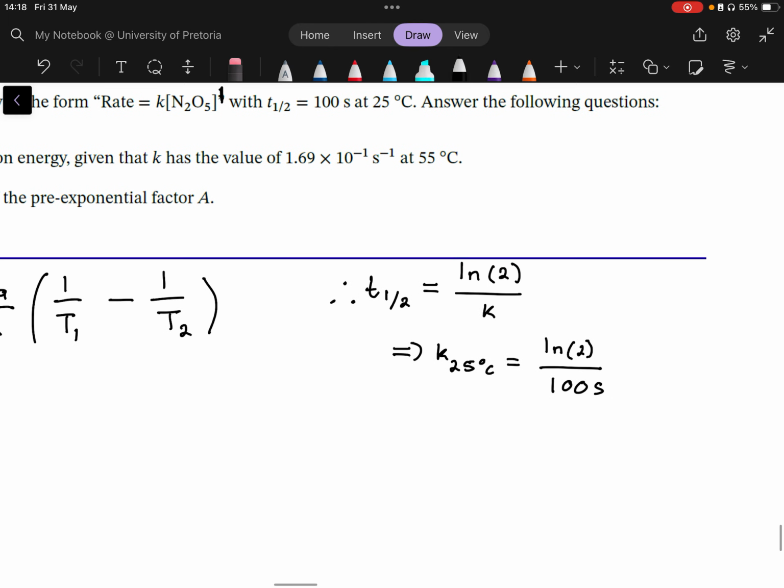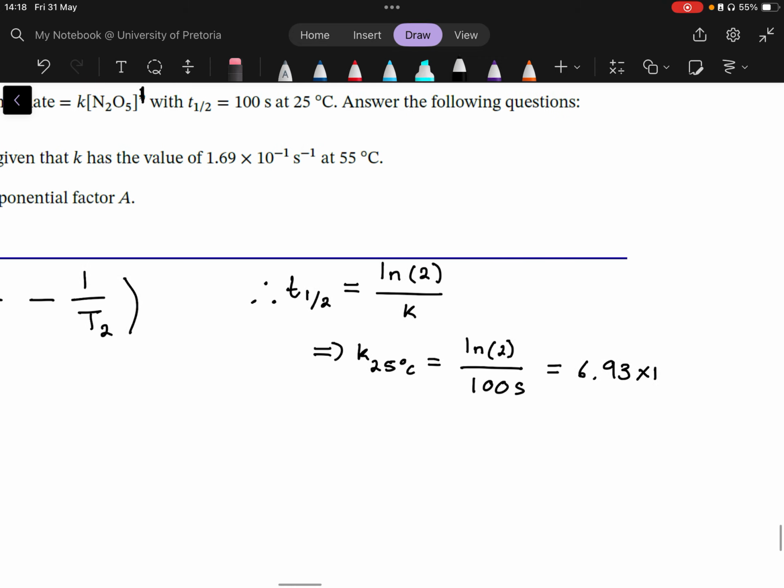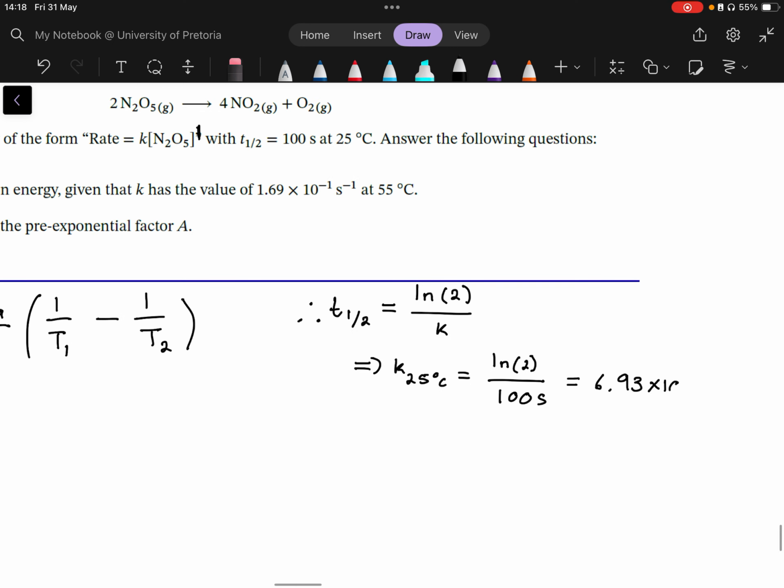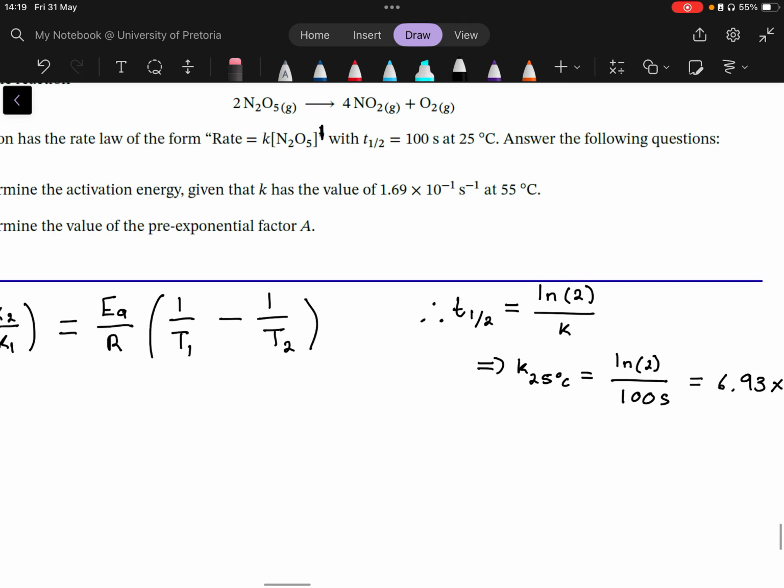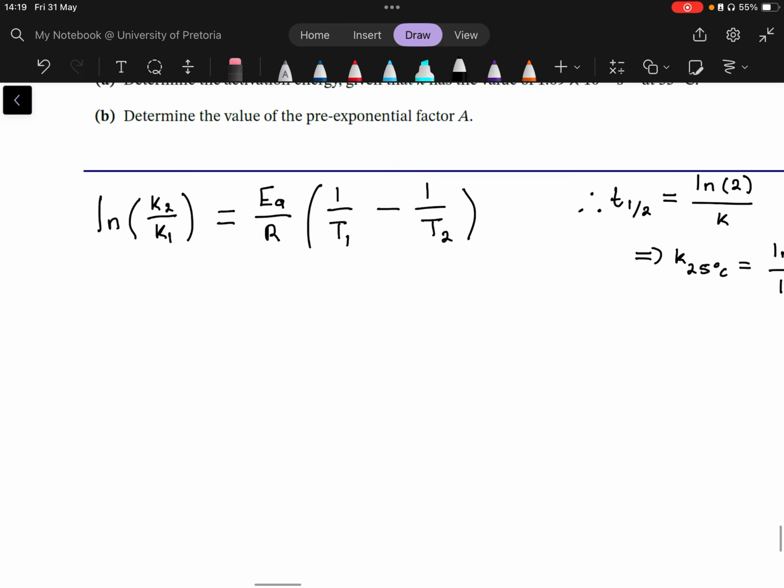So you should get a value of 6.93 times 10 to the power minus 3 per second. And that is, of course, at 25 degrees Celsius.